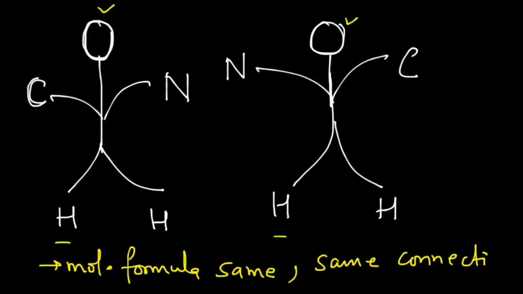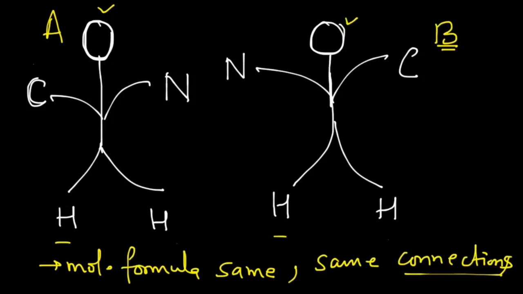And why? Because if you see carefully, both hydrogen atoms are attached as legs. The carbon atom is attached as a hand in A and also as a hand in B. Similarly, the nitrogen atom is also attached as a hand in both A and B. So the connections are also the same.